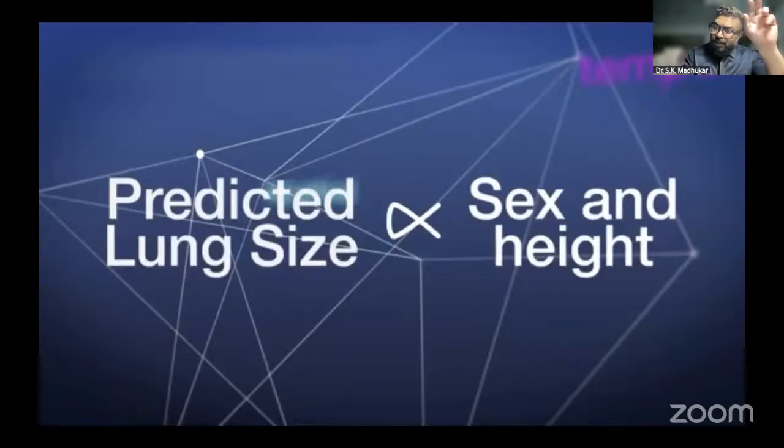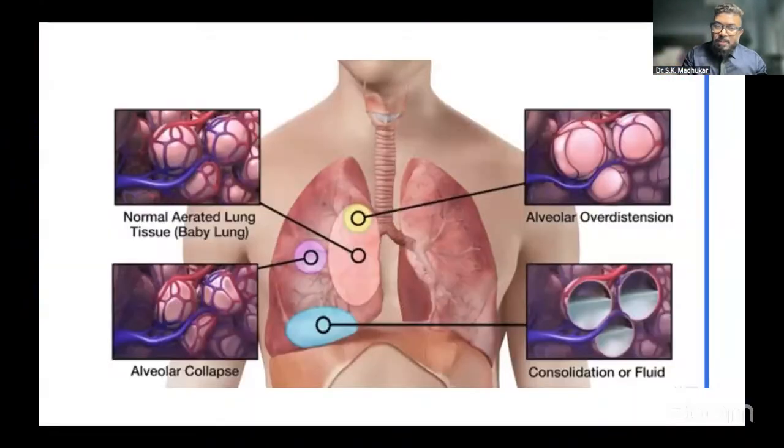Even with the same sex and height, two people might have different lung sizes. For example, if you see a patient with the baby lung, even a baby lung might have a portion of the lung which may not tolerate that much tidal volume. And alveolar overdistension is a possibility even in the baby lung.